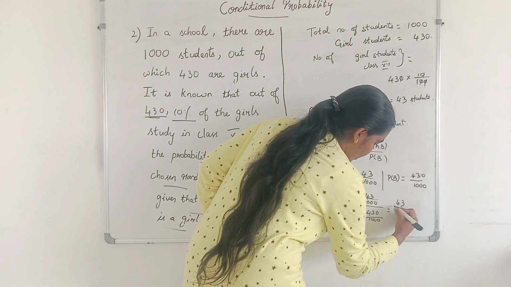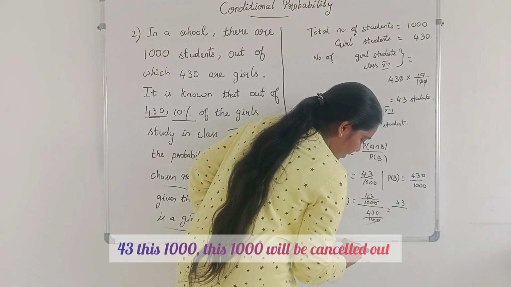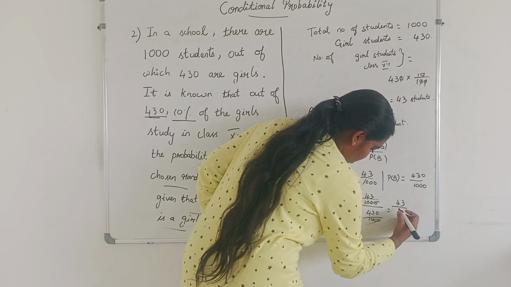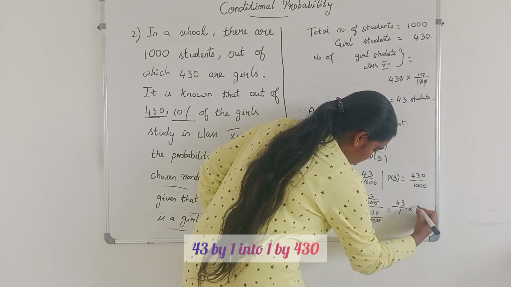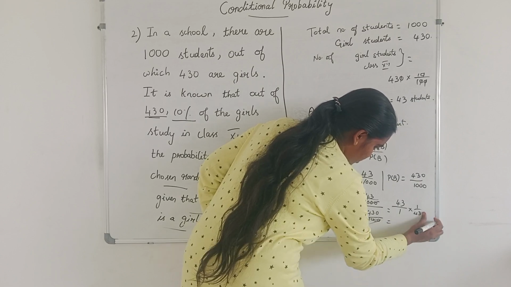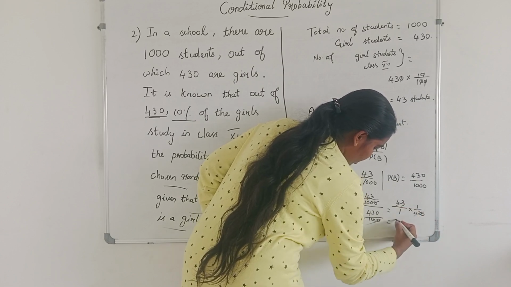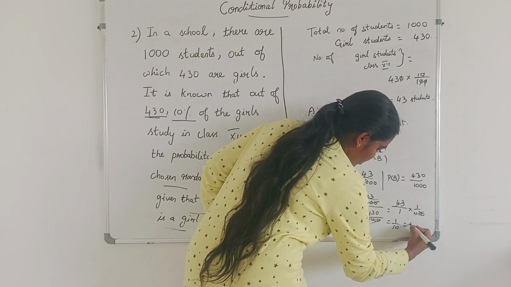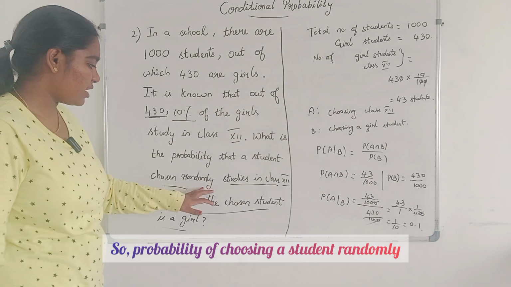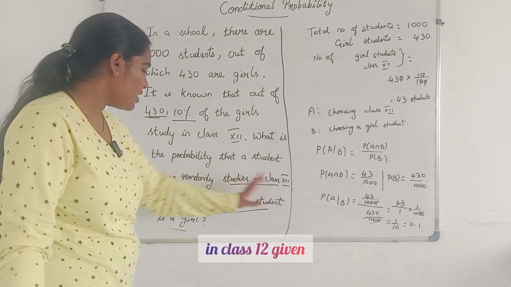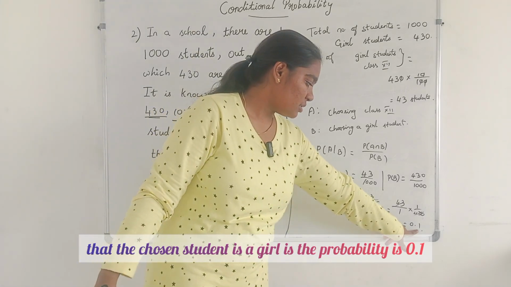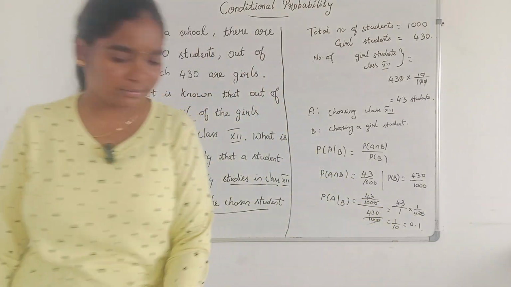So, the 1000 will be cancelled out. 43 by 1 into 1 by 430. So, 43 cancelled out, 1 by 10. So, 0.1. So, the probability of choosing a student randomly in class 12 given that the chosen student is a girl is 0.1.